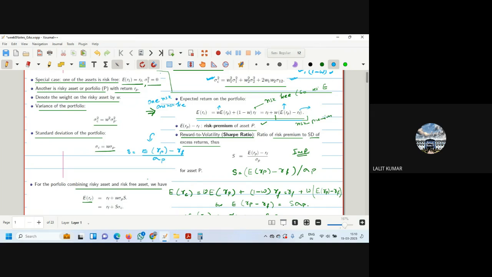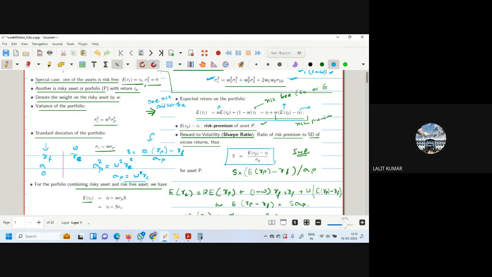Now remember, when you have one risk-free and one risky asset, the standard deviation or the variance of the risk-free is always 0. And the total standard deviation of the portfolio is nothing but W into sigma P. Let me call the complete portfolio C. So we have to remember this formula and the meaning of the Sharpe ratio.